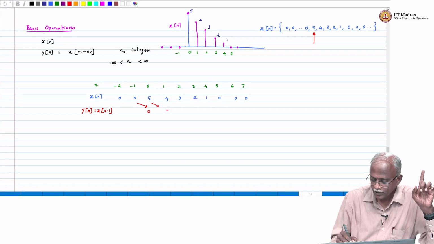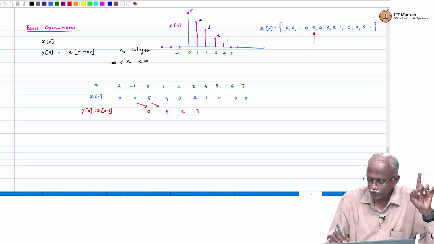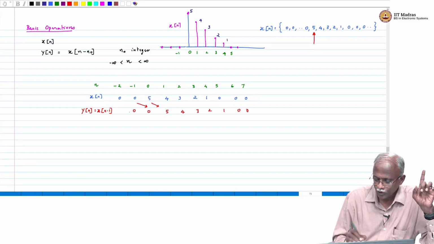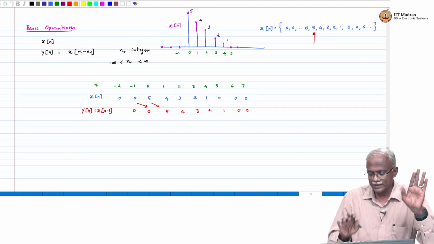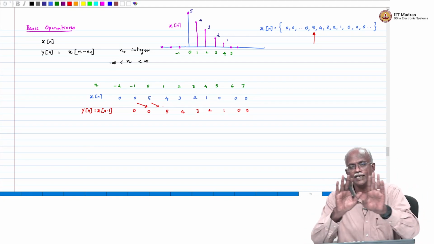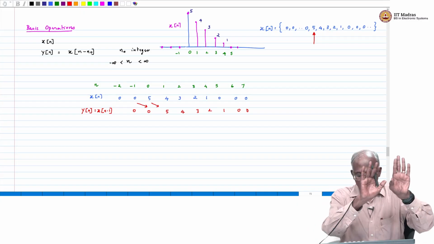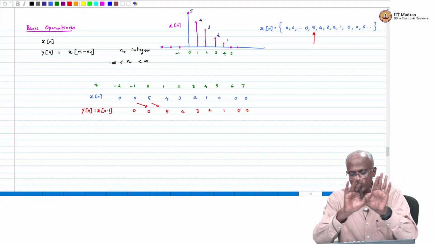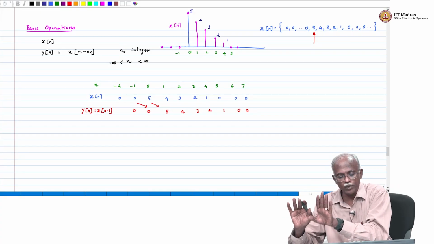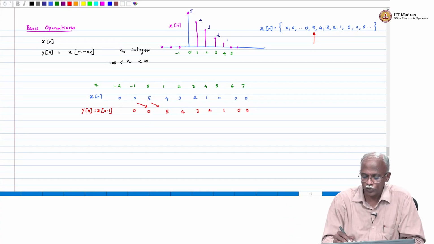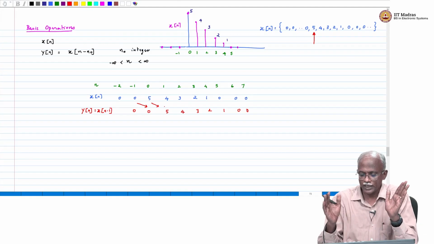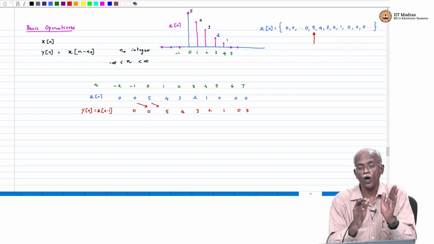So basically you will get a sequence which starts at 0, 5, 4, 3, 2, 1, 0, 0, and it will be 0 before that. This is what we call a delay. It is a shift in the time axis. What was originally at 0 has now moved to the sample value equal to 1. This is what we call a shift operation.